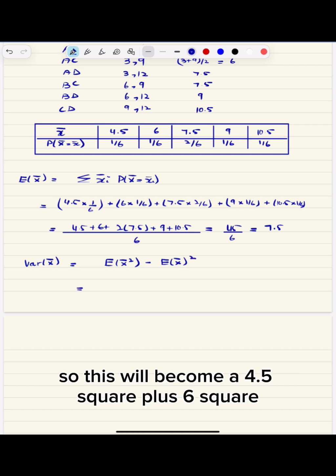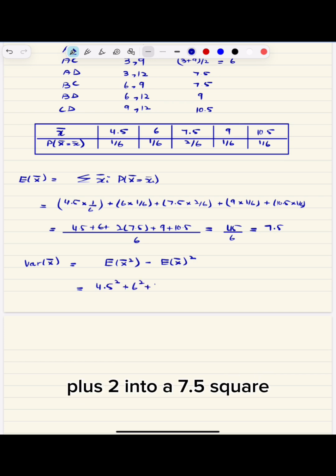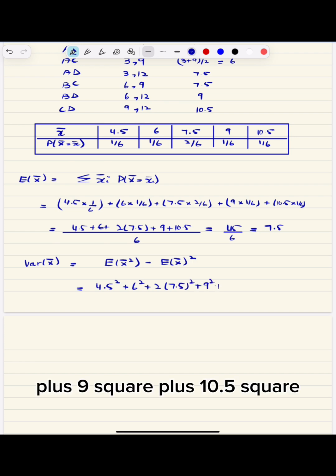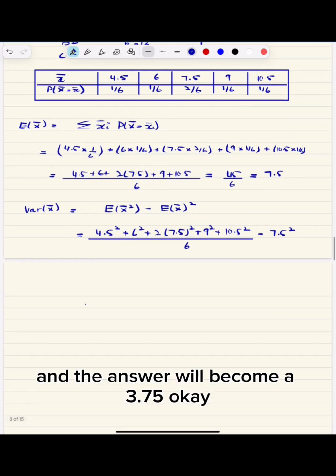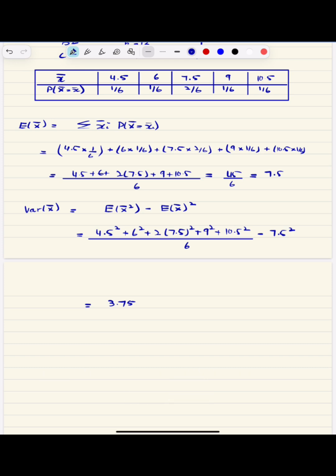So this will become 4.5 square plus 6 square plus 2 into 7.5 square plus 9 square plus 10.5 square over 6 minus 7.5 square, and the answer will become 3.75. Okay, next question.